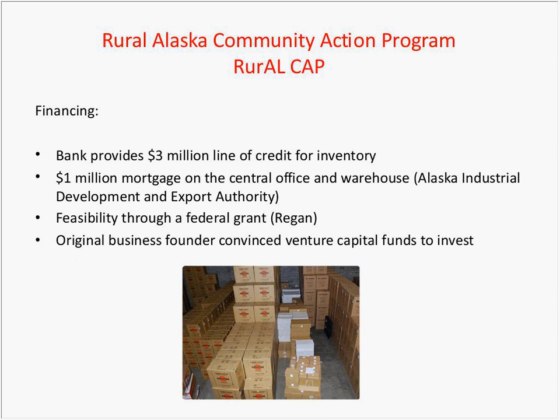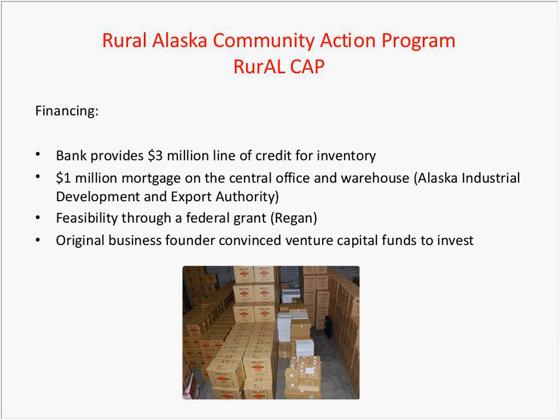Financing: the bank provides a $3 million line of credit for inventory for their business. They also were able to develop a central office and warehouse, so they have a $1 million mortgage on that. The income from their business actually helps pay for that mortgage, and it helps subsidize the cost of the central office.